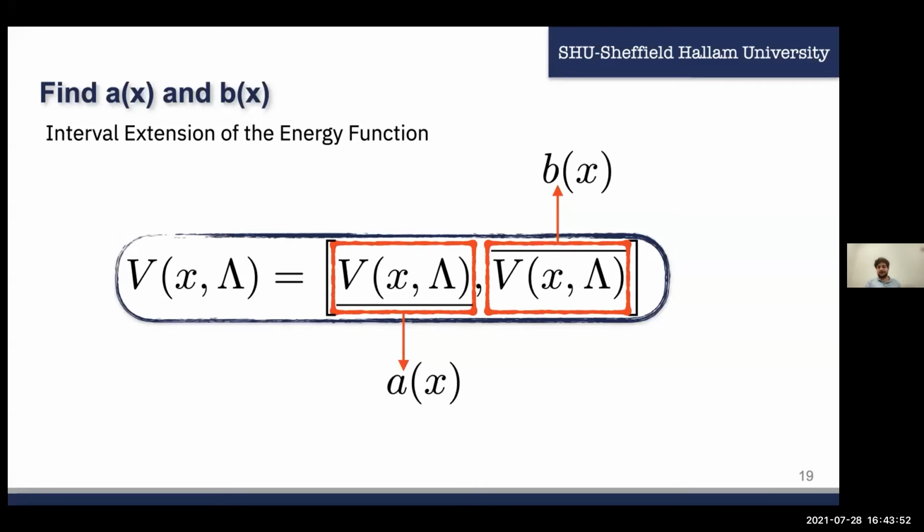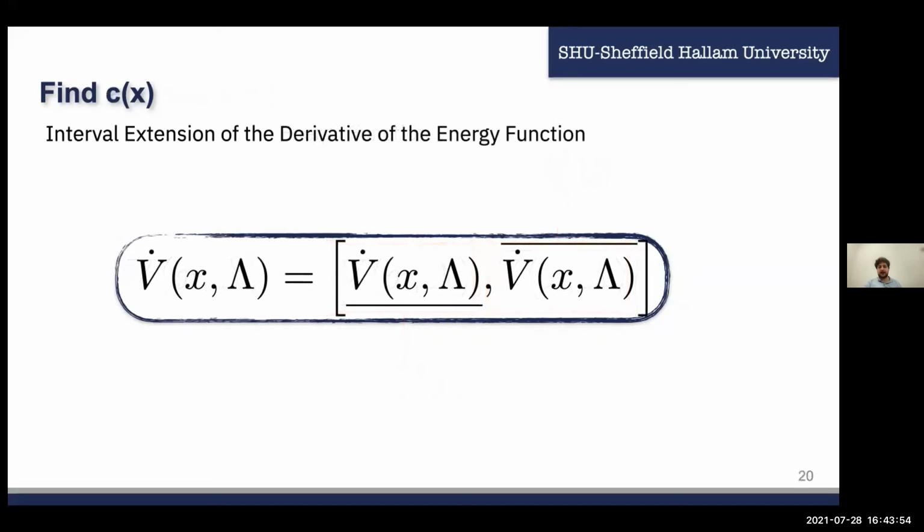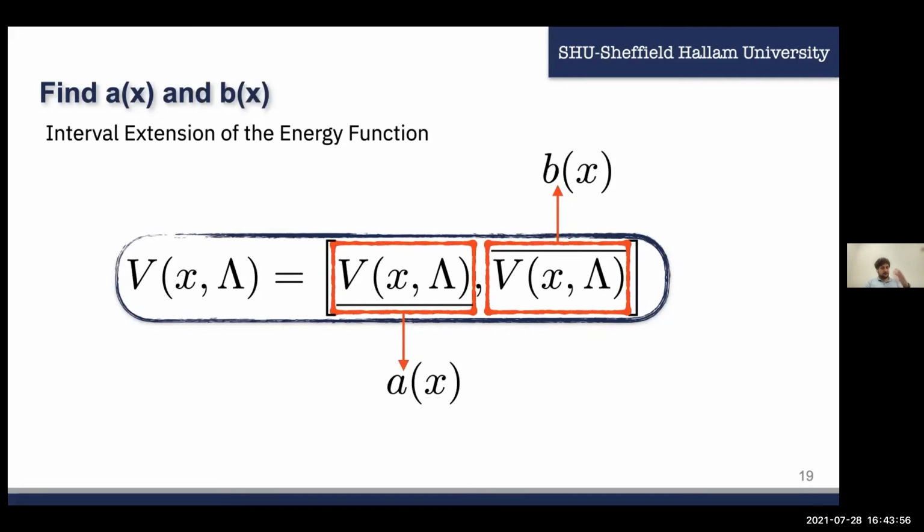So we can find A of X and B of X. By interval arithmetic, we know that they are going to be real estimates.